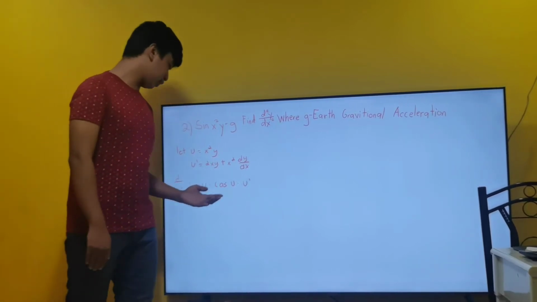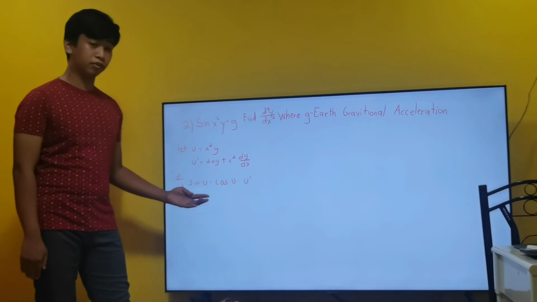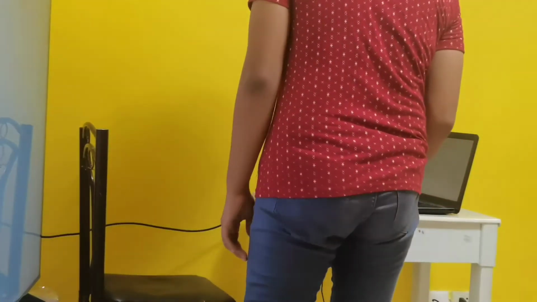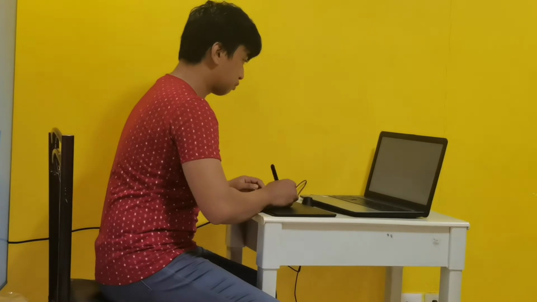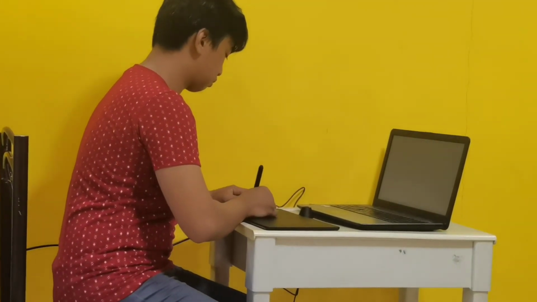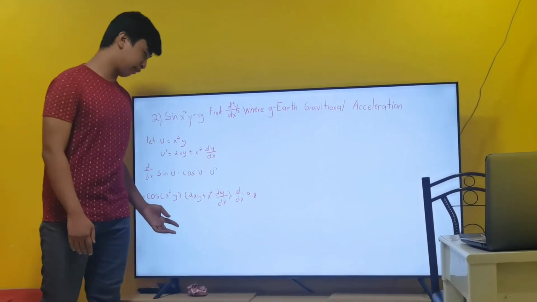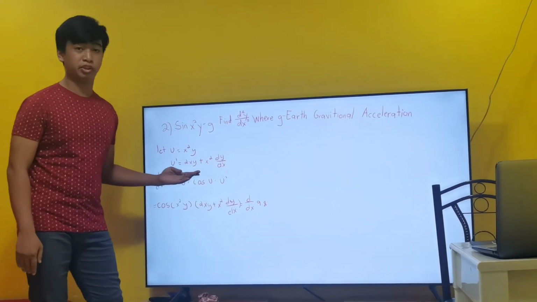So then next, by the use of the trigonometric function, the derivative of sin u will become cos u times the derivative of u. So for our next step, we'll just base on this formula and substitute its value.